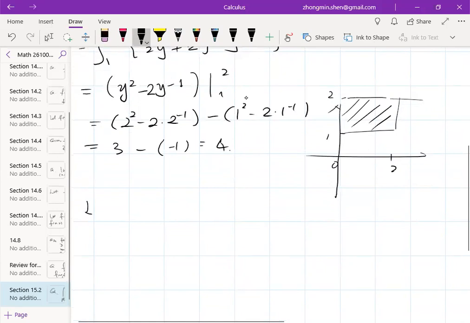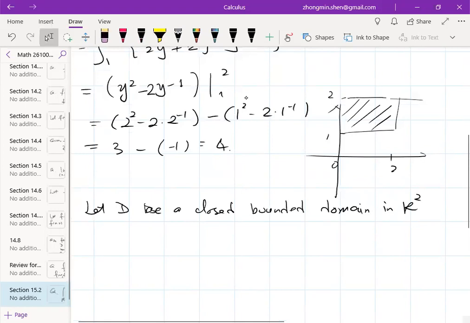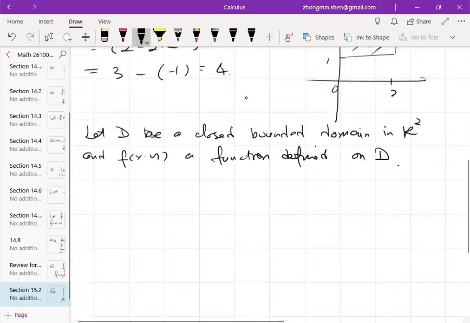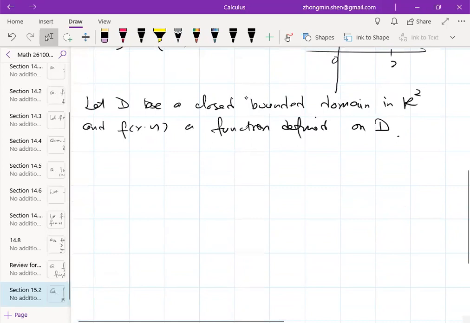Let D be a closed, bounded, arbitrary domain in R2, for example, and f(x, y) a function defined on D. How do we define this integral?